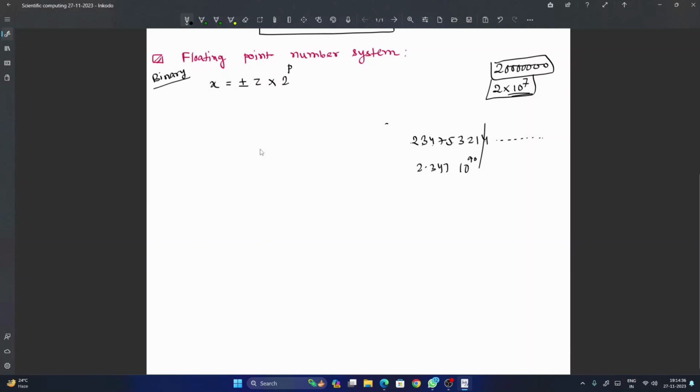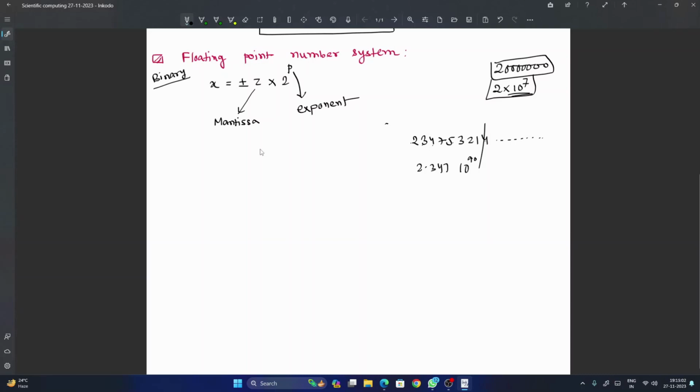This z is called the mantissa of the number, and this p is called the exponent. In a decimal system, you will get 10 to the power of some value. In the binary system the base is 2, so we have 2 to the power of p, and z is the mantissa.